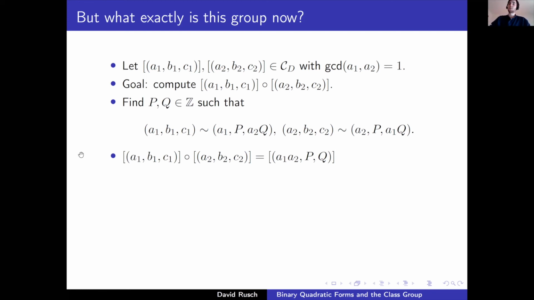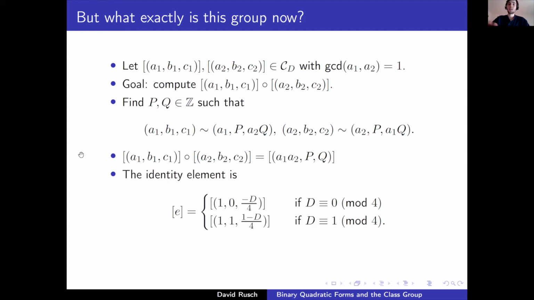Okay, but what's the unit element or the identity element of the group? This can be written down like this. It depends on the congruence of D mod 4. And here we only have to look at 0 or 1 mod 4. And this is just due to the fact that we assumed capital D to be a discriminant of a number field. And we computed the discriminant of a quadratic number field before.